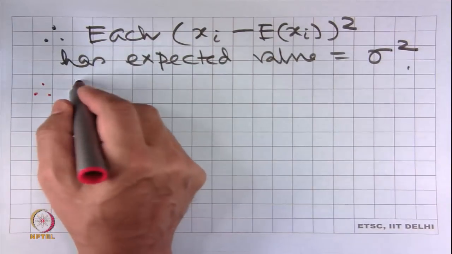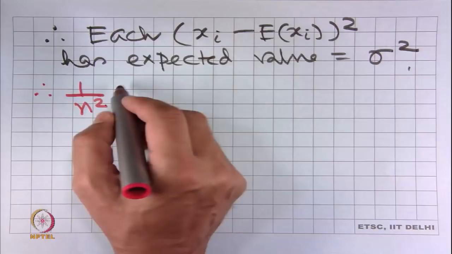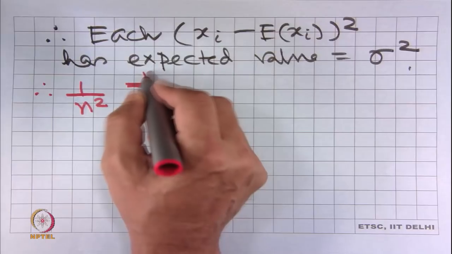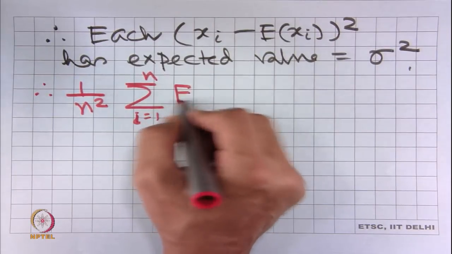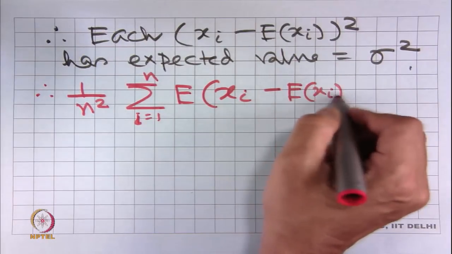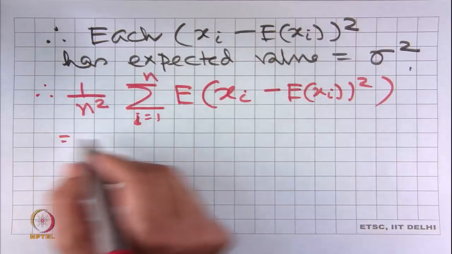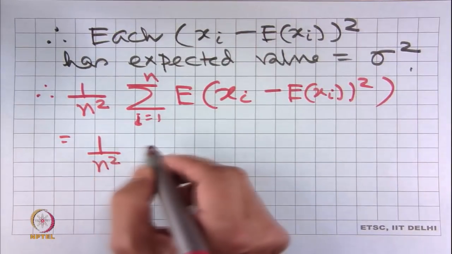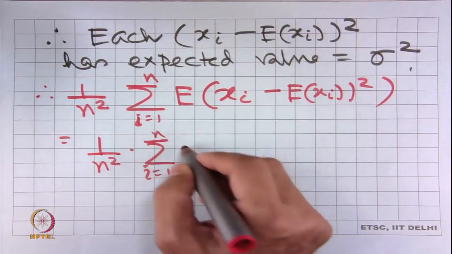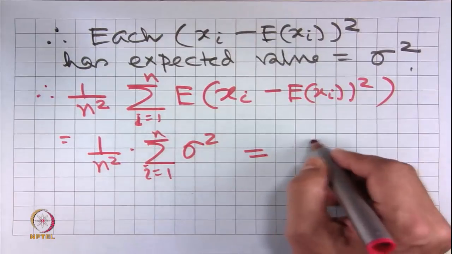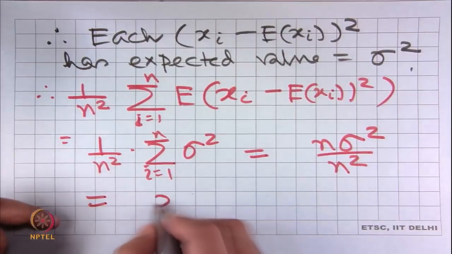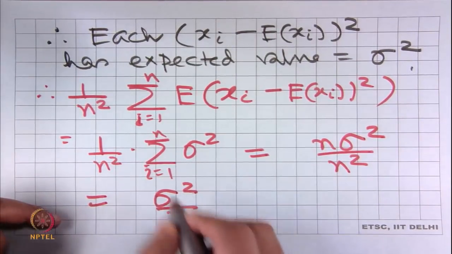Therefore, 1 by n square sigma i equals 1 to n expected value of x i minus expected value of x i whole square is equal to 1 upon n square into sigma i equals 1 to n sigma square, which is equal to n sigma square upon n square, which is equal to sigma square by n.